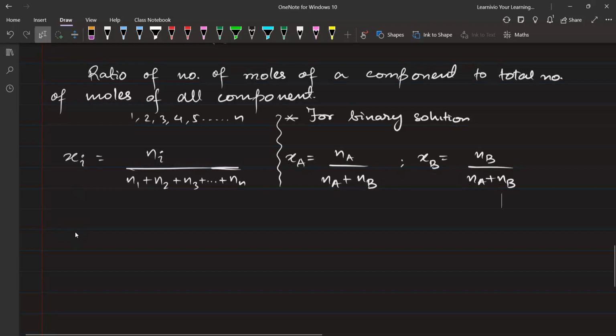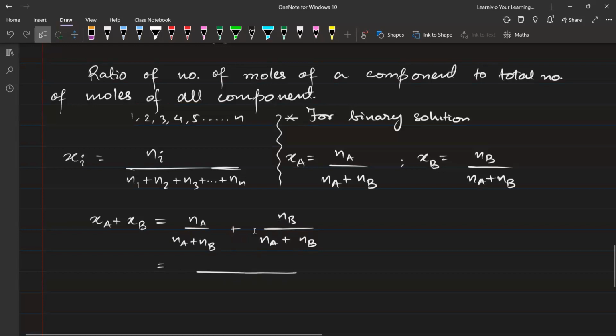Now, an interesting relationship between chi A and chi B is that if you add the mole fractions, this will be equal to the number of moles of A divided by the number of moles of A plus B, plus the number of moles of B upon the number of moles of A plus the number of moles of B. Both denominators are the same, so it will be Na plus Nb, and in the numerator also we get Na plus Nb.